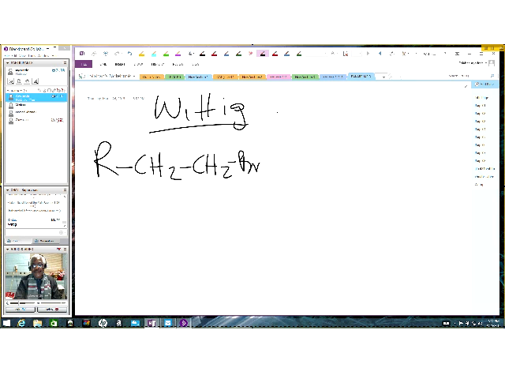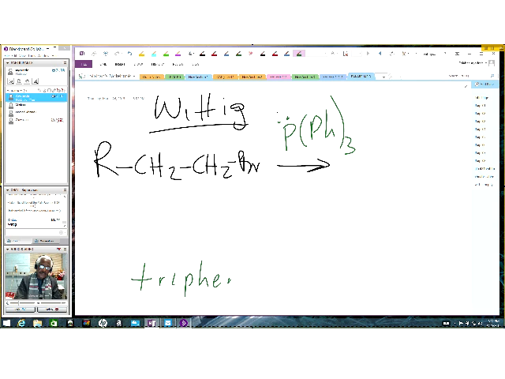In this case I am using a primary alkyl bromide. You react the primary alkyl bromide with this molecule here, triphenylphosphine, and triphenylphosphine will react with this primary or secondary alkyl bromide to displace the bromine in an SN2 reaction.